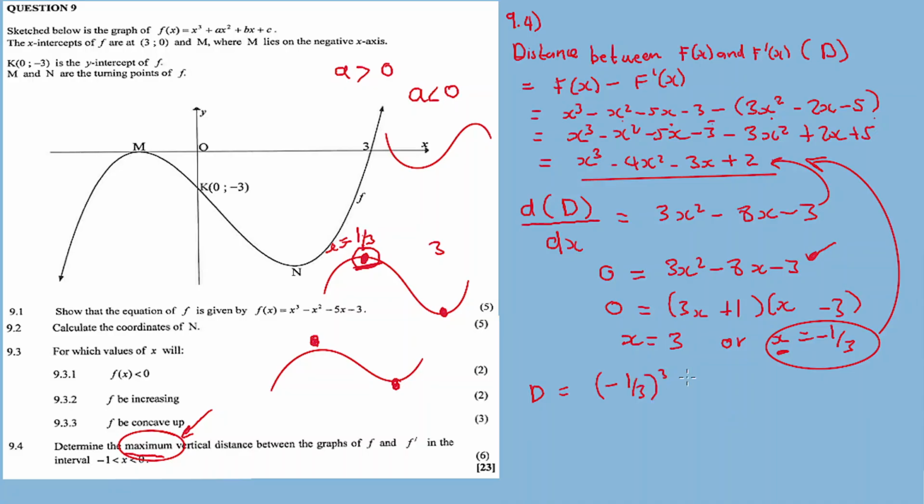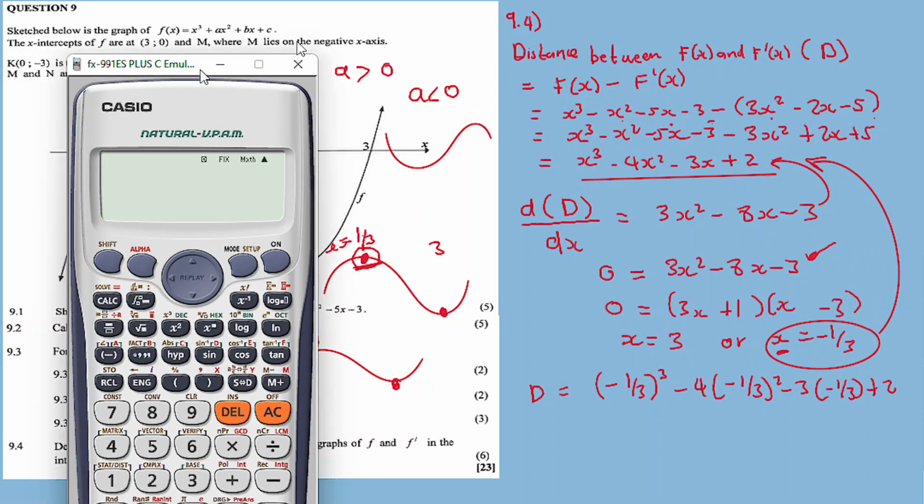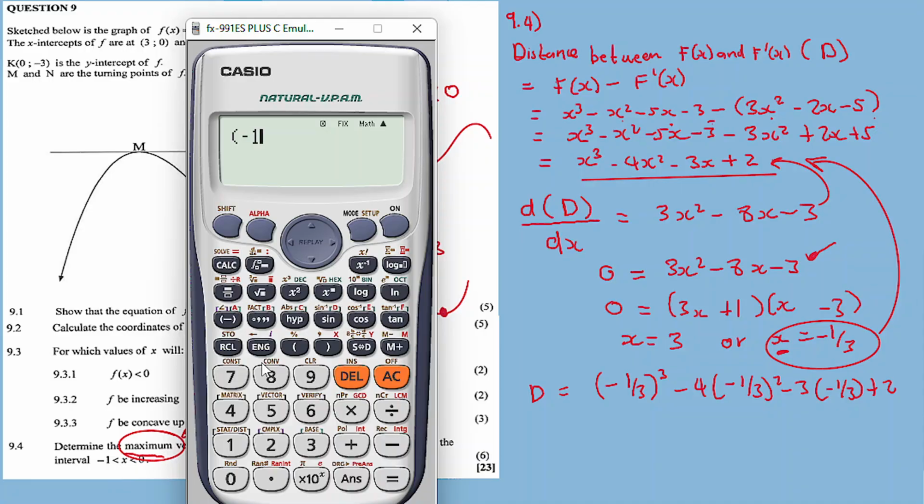So it's x cubed minus 4x squared minus 3x plus 2, with x equal to -1/3. Then we calculate again. So it's negative 1 over 3 cubed minus 4 times 1 over 3 squared minus 3 times negative 1 over 3 plus 2.